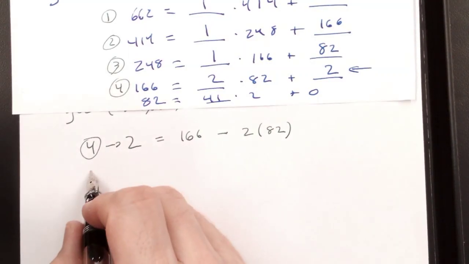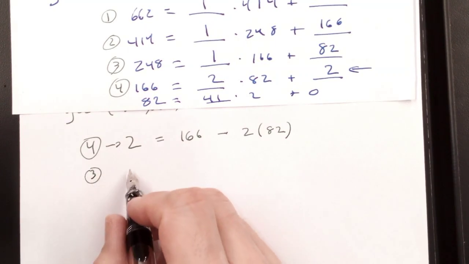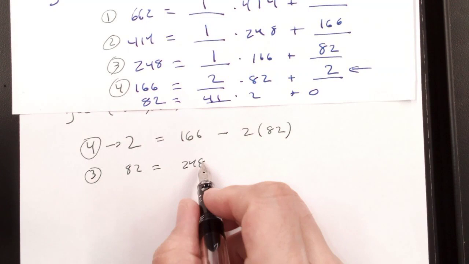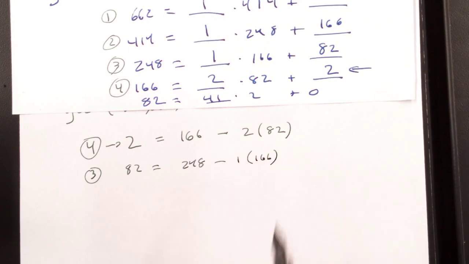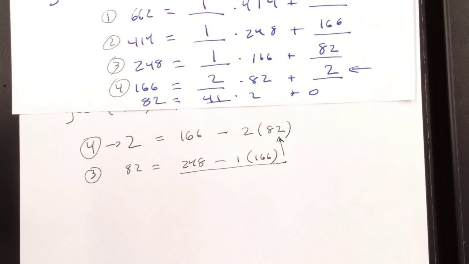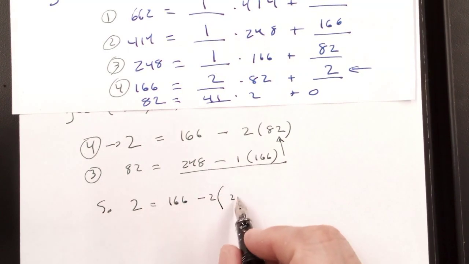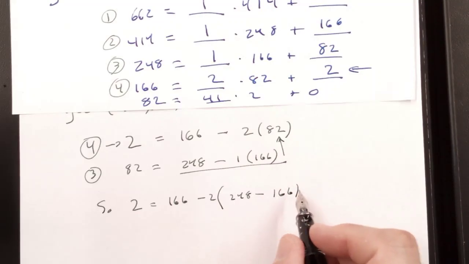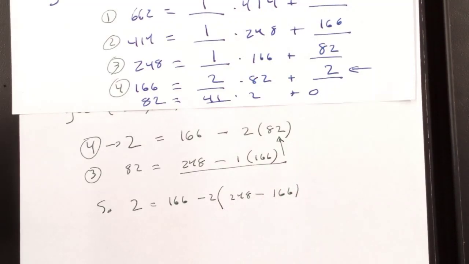If I rewrite number 3, I get 82 is 248 minus 1 times 166, right? Let's stick this expression in here. I don't want to simplify. I want to regroup.